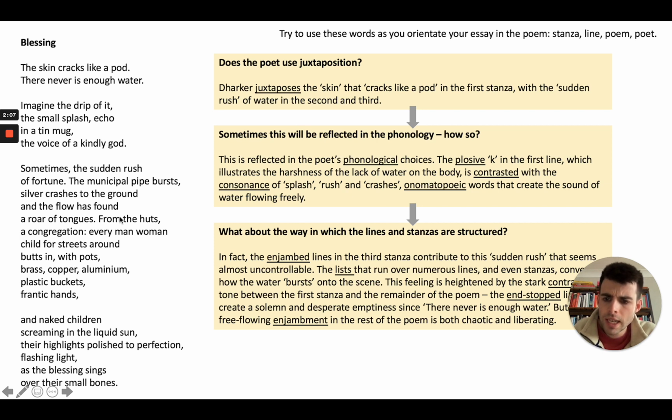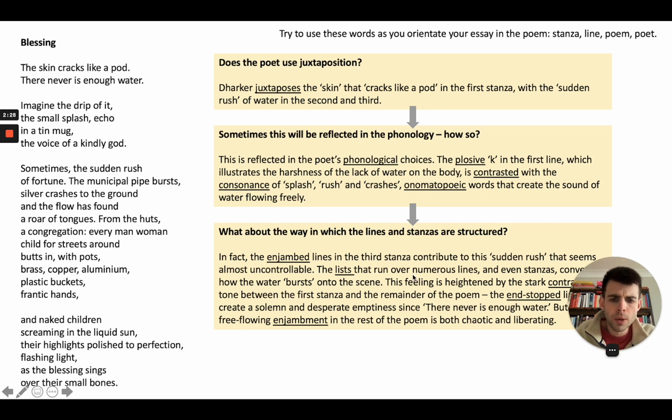If you're talking about the sentence, use the word sentence, because there is a difference between those two things. A sentence begins with a capital letter and ends with a full stop. And here you can see that this sentence runs over a whole host of lines, even across two stanzas. So do try to use those words as you orientate your essay in the poem.